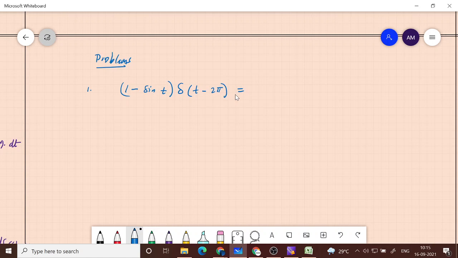Can anybody tell me? What is it equal to? 1 minus sine t into delta of t minus 2 pi. Find the value. The problem is to find the value. Anybody?